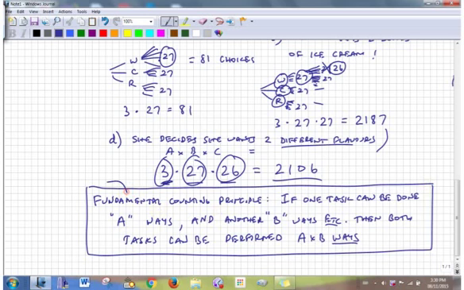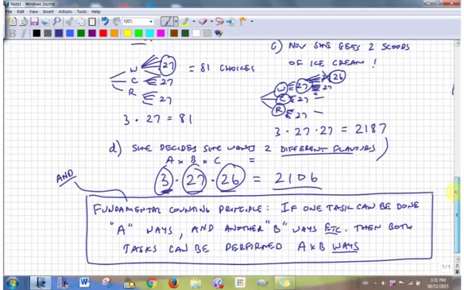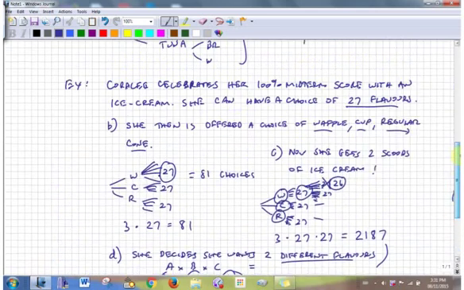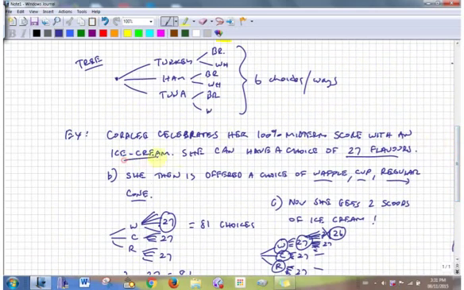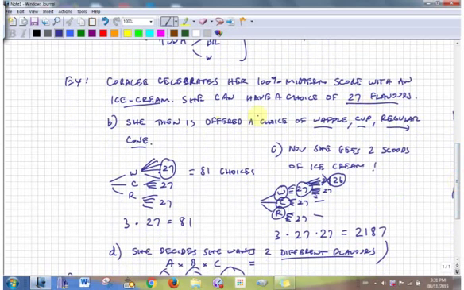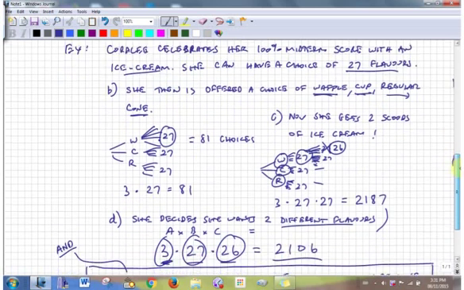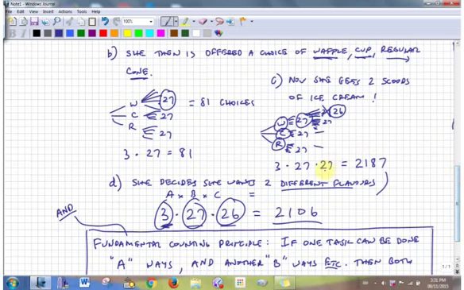And it applies again with this word and. Okay? Let me emphasize that again. She's getting an ice cream, 27 different flavors, and she could get a waffle, cup, and cone, and if she's getting a second scoop, she could get another 27. Or 26, depending on the wording, if she doesn't want the same flavor twice.